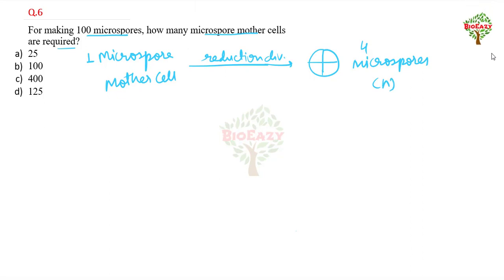Now you can see this is the one microspore, second, third or fourth, or we can say it is one pollen tetrad. Clear? Now the question is, we have to make 100 microspores.